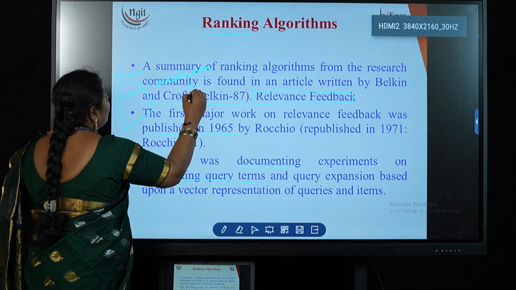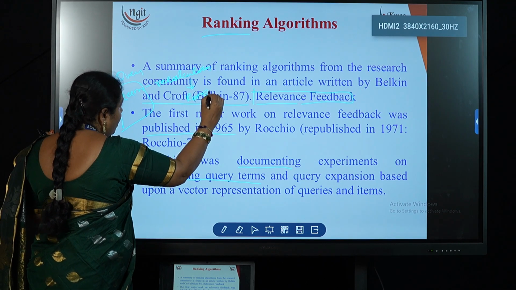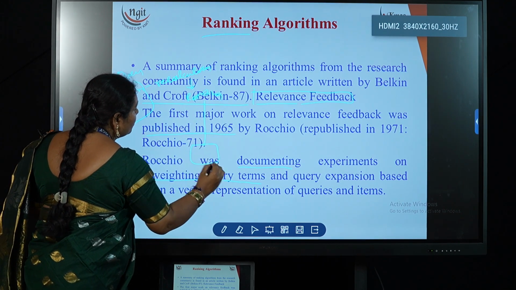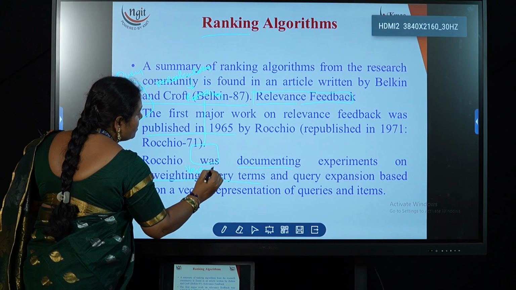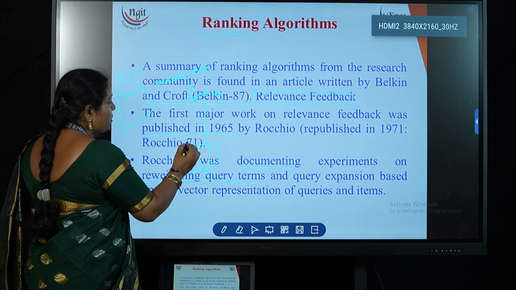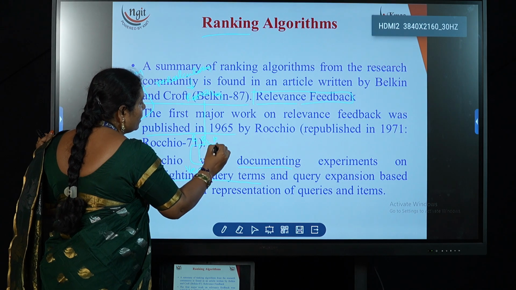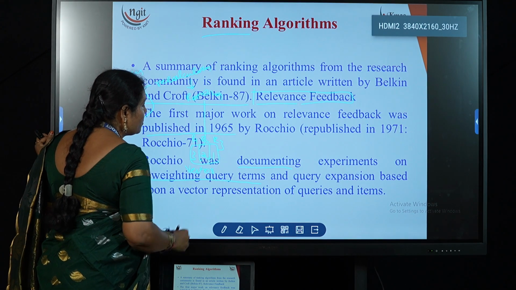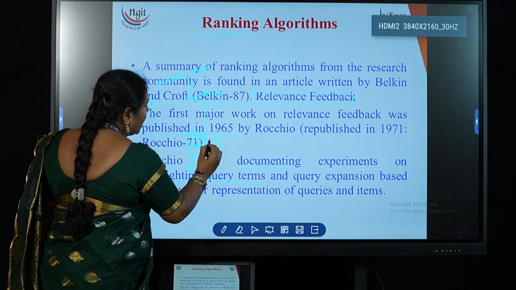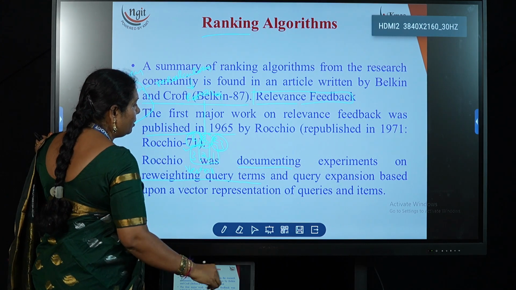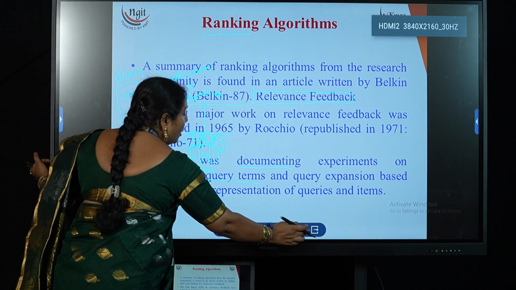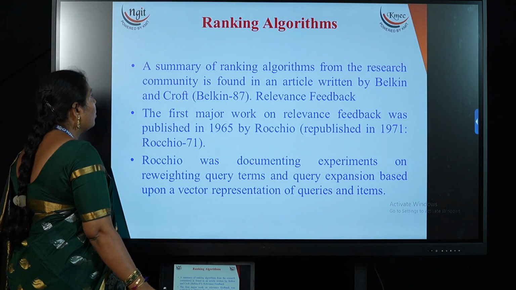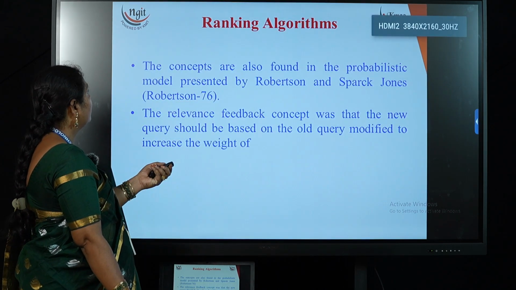According to that, ranking is done, and it is represented in the form of a vector. Suppose I take R1, R2, R3: ranking high will be R1, then the next level, then the third level. It depends upon the queries and items, in order to represent the ranking of each query and item.